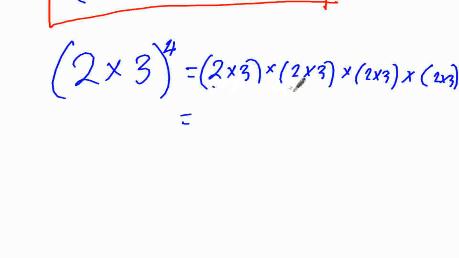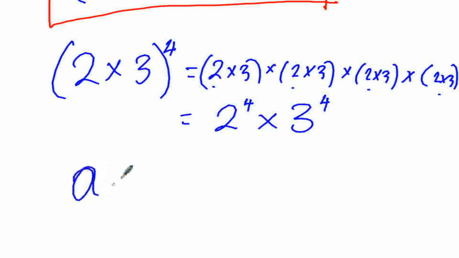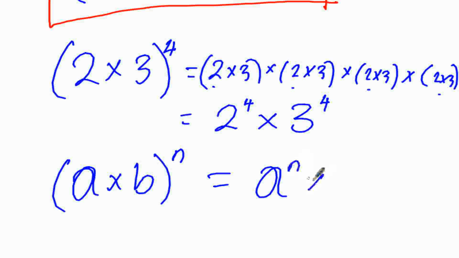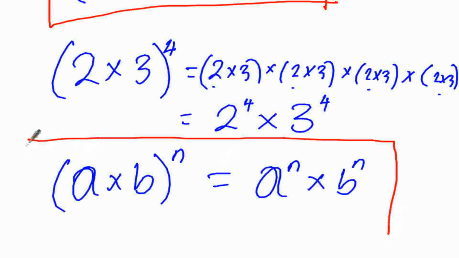So how many 2's do you have? You have 1, 2, 3, 4. Those are 4 2's times 4 3's. So it is 2 power 4 times 3 power 4. Writing it in general terms, if you have A times B, all power n, it is the same as A power n times B power n. So this one is our fourth one.